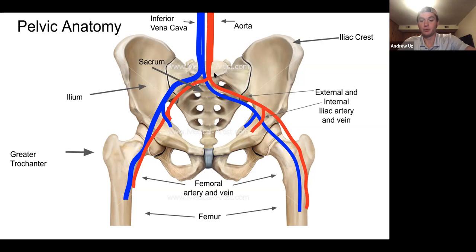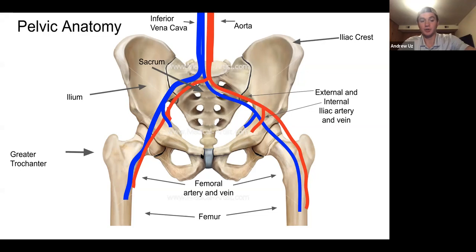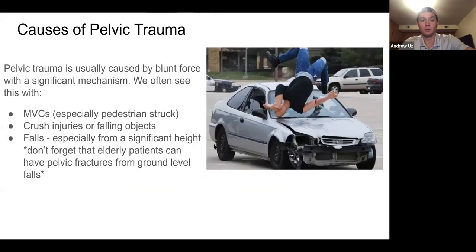Also the femurs, the top leg bones, join into the pelvis. These protrusions on the outside of the femur are called the greater trochanters, and you'll see why it's important to know that later.